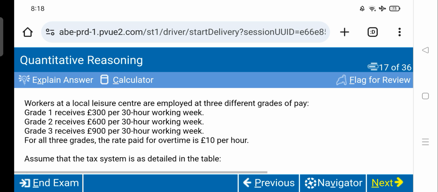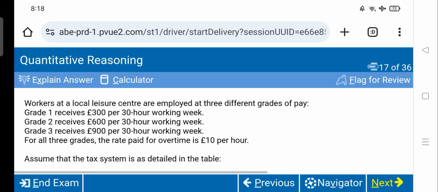Grade 3 receives £900 per 30-hour working week. For all 3 grades, the rate paid for overtime is £10 per hour.